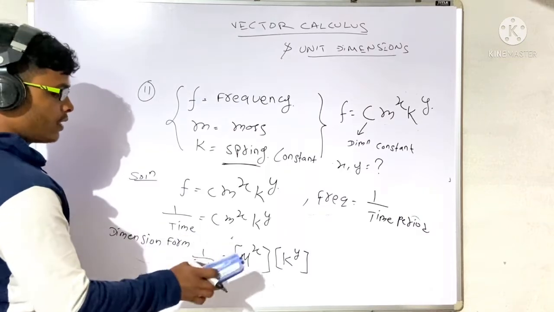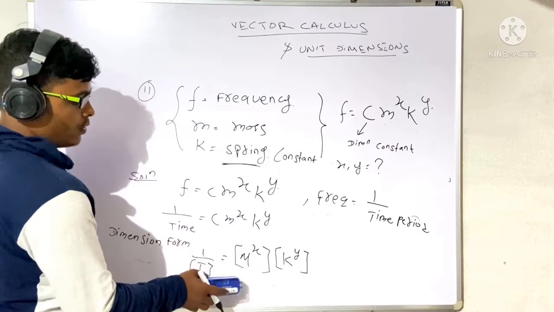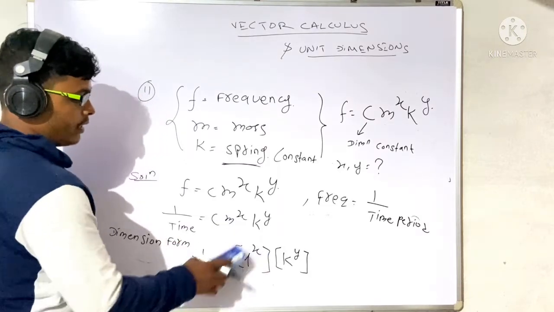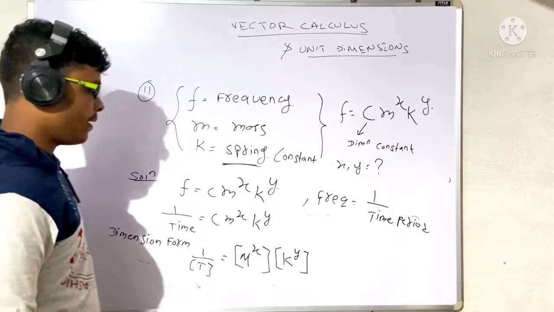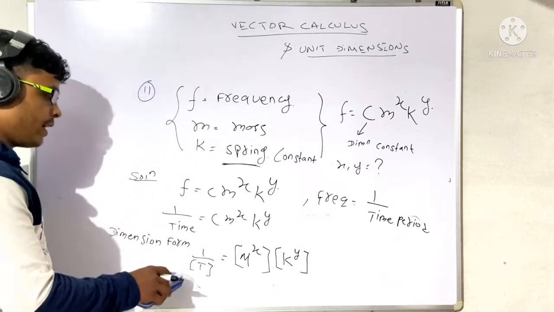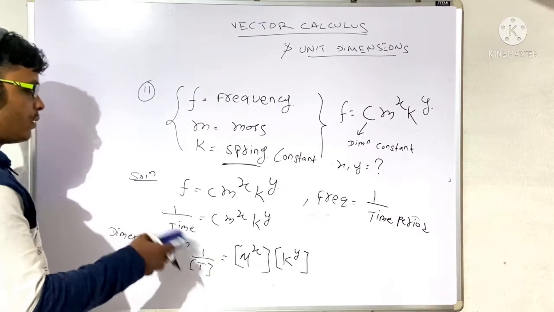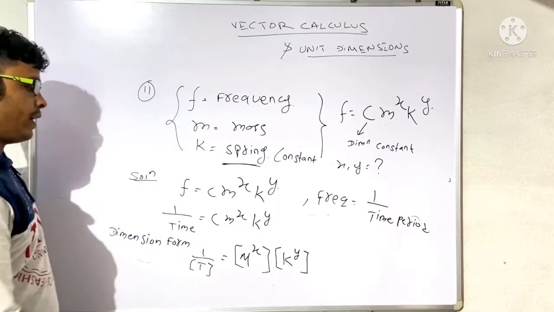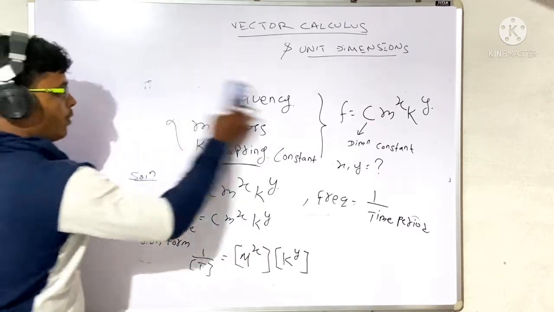Then c is a constant, so forget about the constant. Then this is your mass, so m to the power x, and then k to the power y. A constant has no unit and dimension. So when you are writing in dimension form or the unit form, forget about the constant. Okay, so m to the power x into k to the power y. So let's go forward.